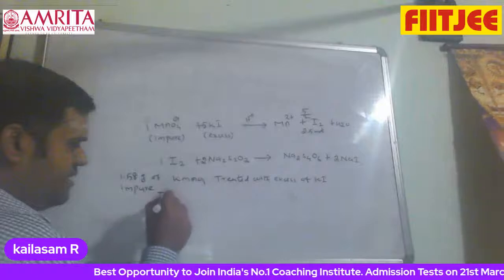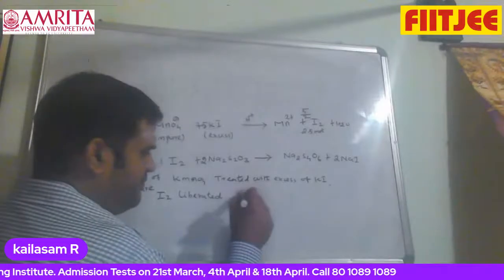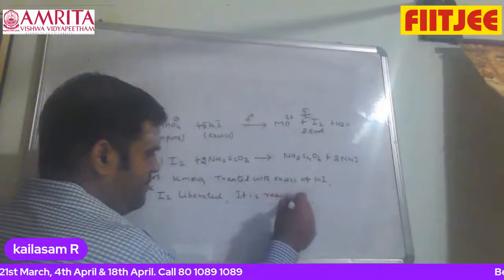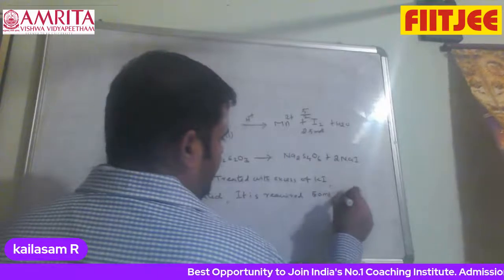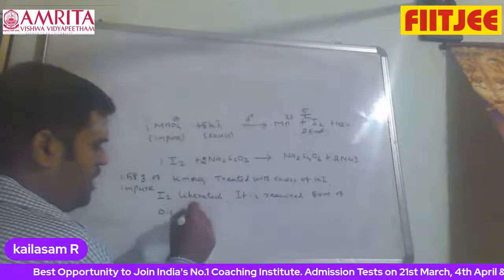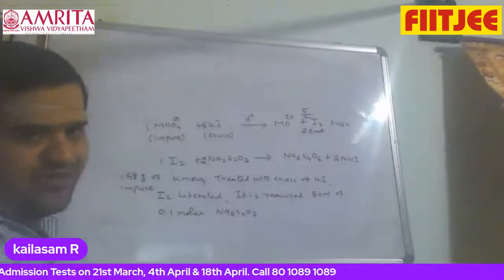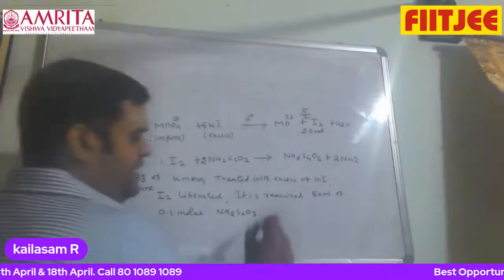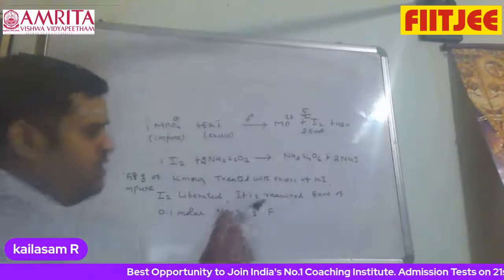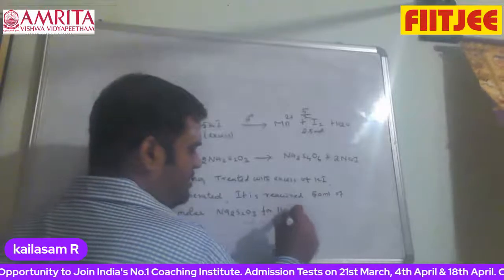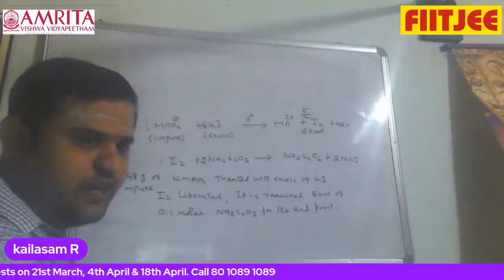Then I2 is liberated, and it requires 50 ml of 0.1 molar Na2S2O3 for the endpoint. Find the percentage purity of KMnO4.